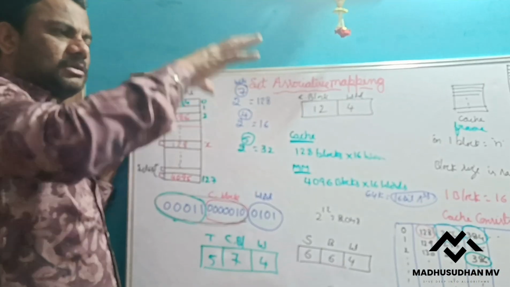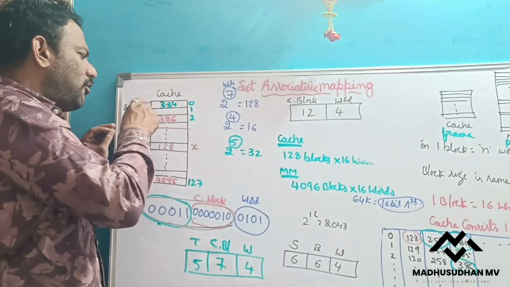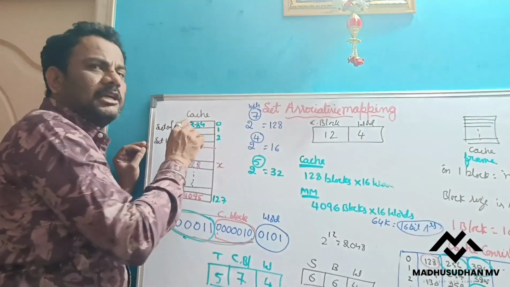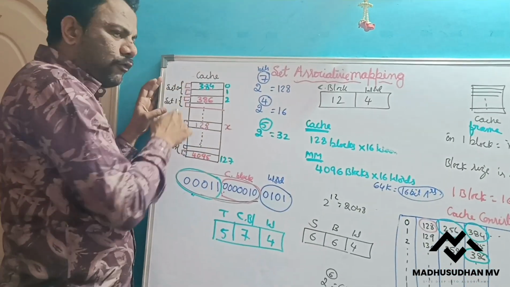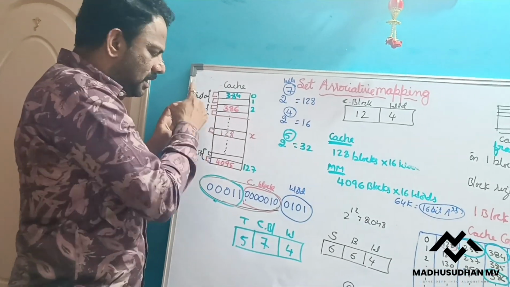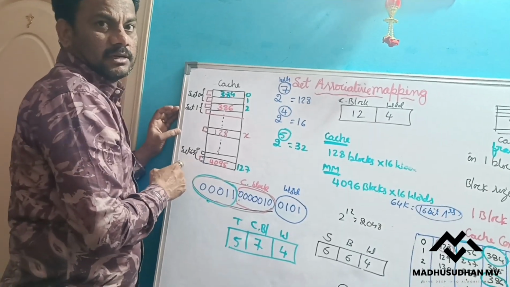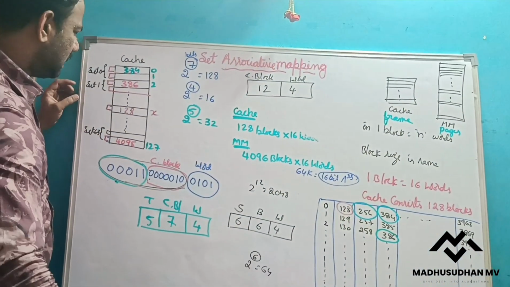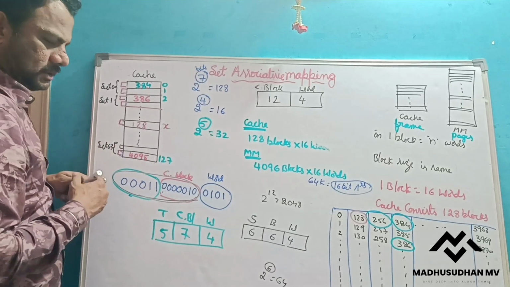Similarly, in order to reduce the search time further, instead of making sets of 2, we can make sets of 4. If you make sets of 4, how many sets will we get? Only 16 sets.